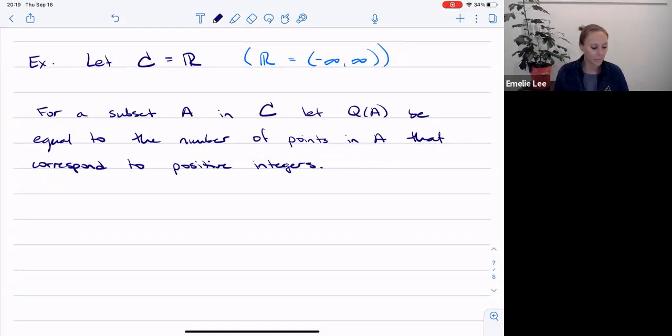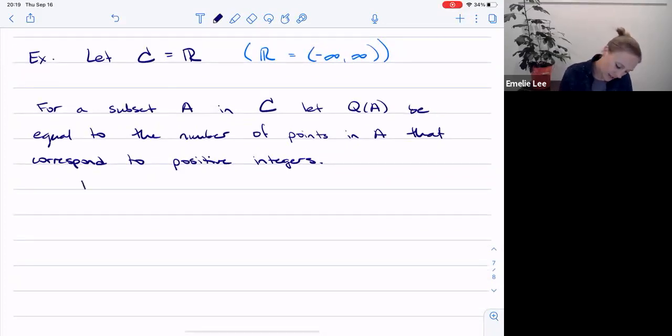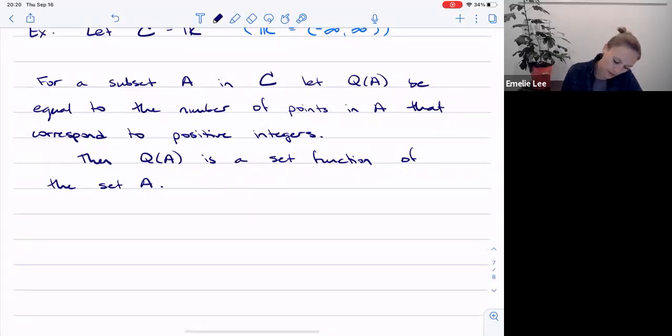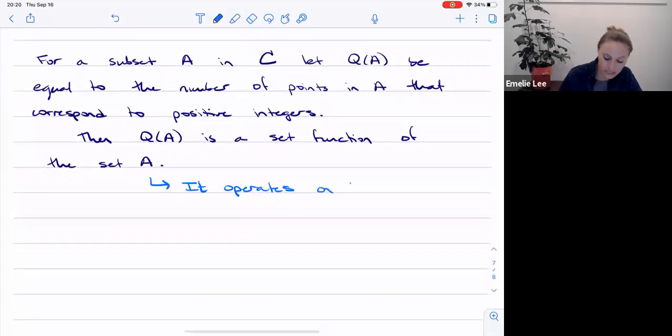Then Q of A is a set function of the set A. So what that means is it operates on the values in A.